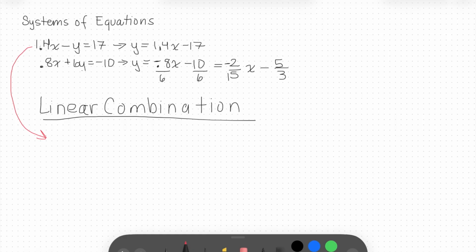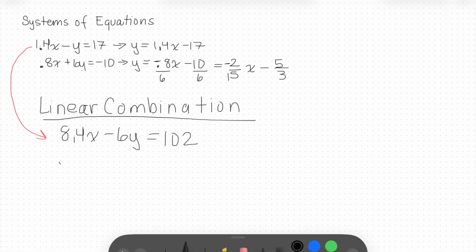Okay? So I'm going to get 6 times 1.4, and that's going to be 8.4x. And then when I multiply the y by 6, I just get minus 6y. That was what I was really focusing on here, minus 6y. And then equals 6 times 17 is 102, right?